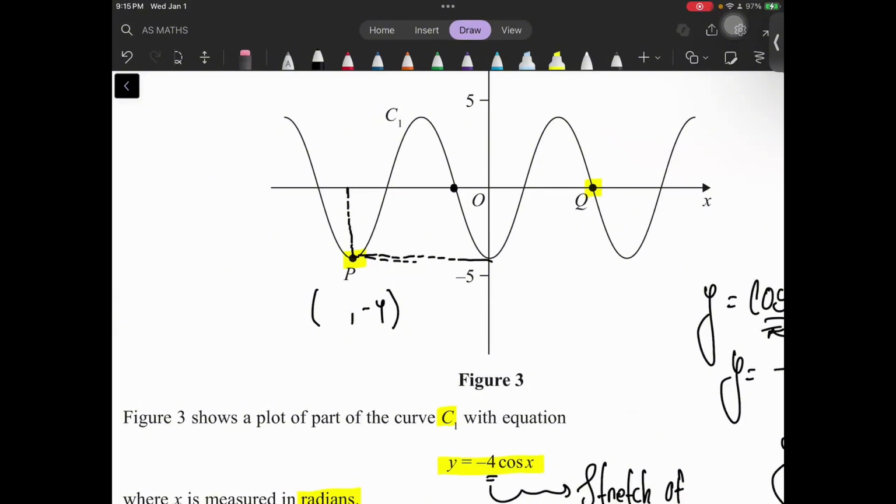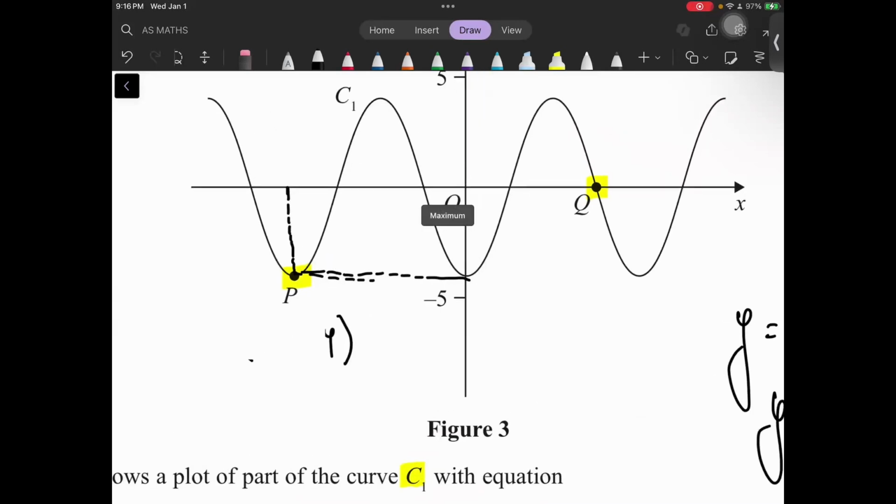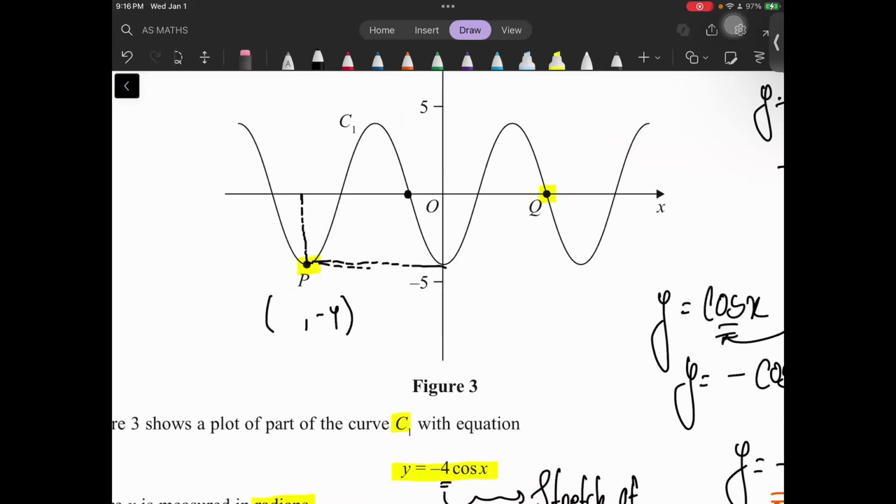Okay, so this is 0, right? So what value of cos is 0? Cos 90, or pi by 2, equals 0.